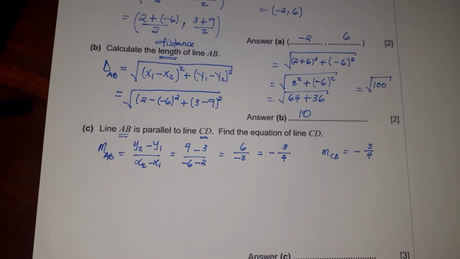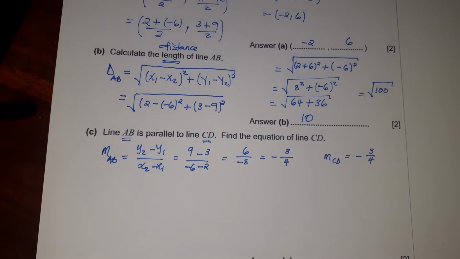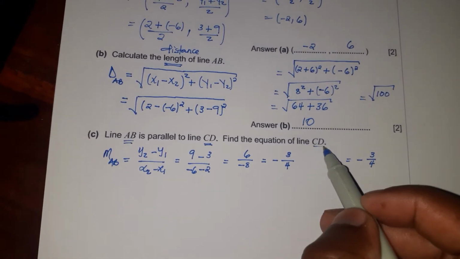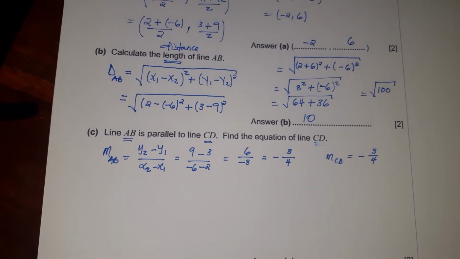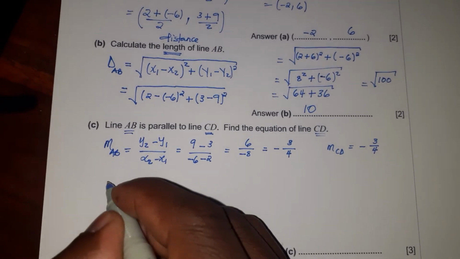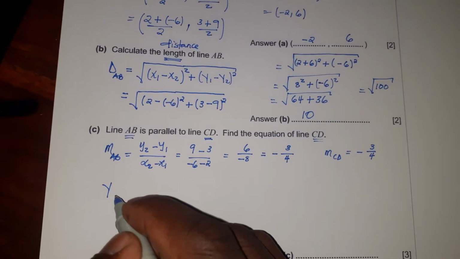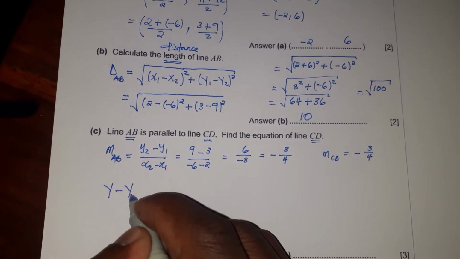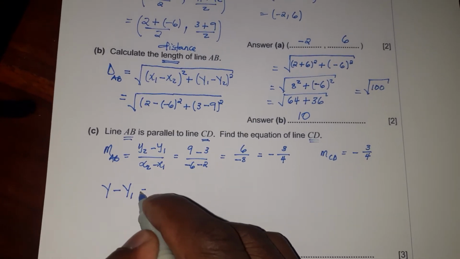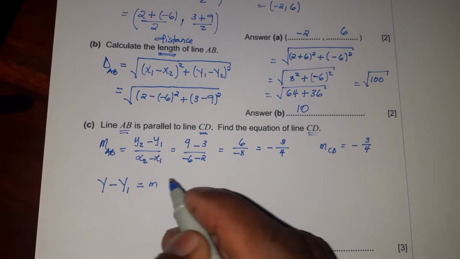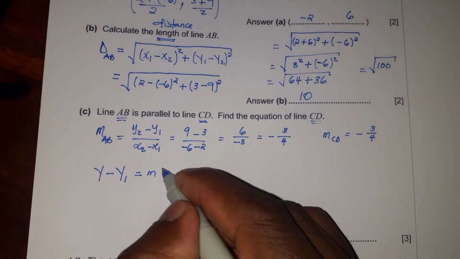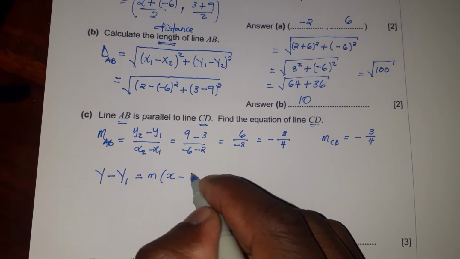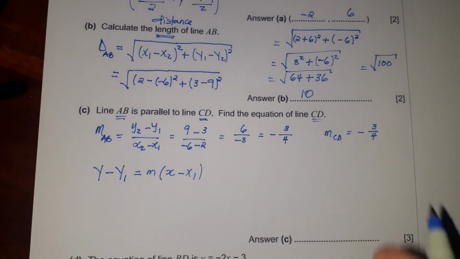Now we can use that gradient to find the equation of line CD. Now we write this equation here, y minus y1 equal to m for gradient, and then open bracket x minus x1.